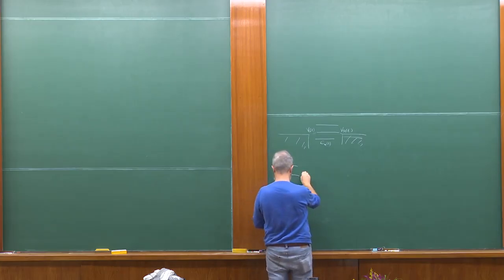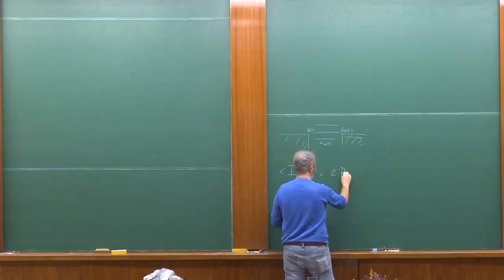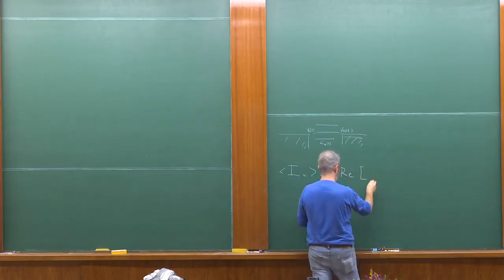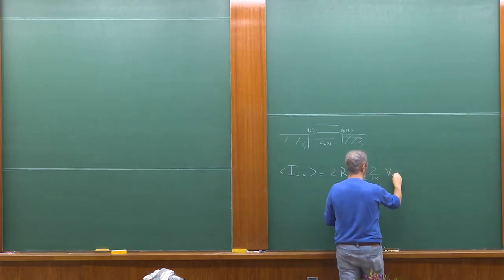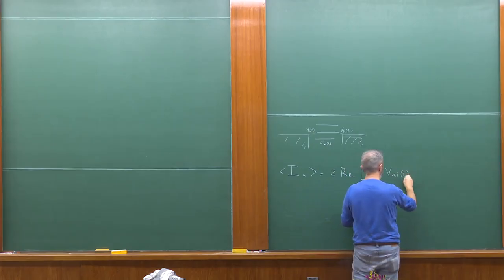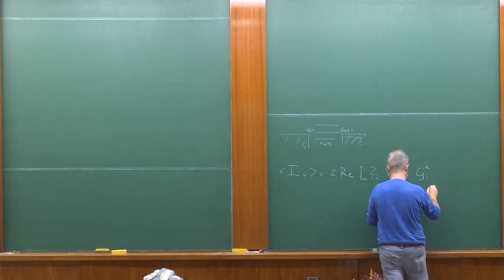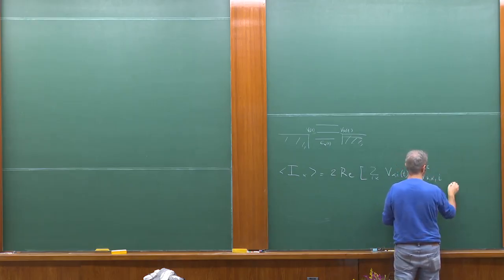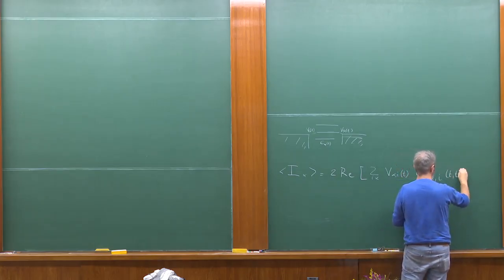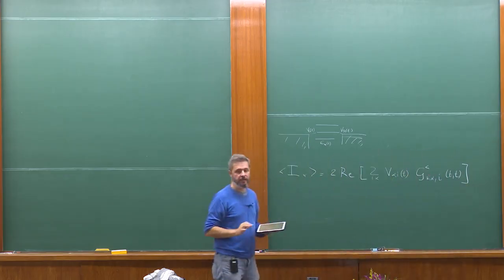So I_alpha is equal to twice the real part of the sum over i and k of v_alpha,i(t), and then I had the G lesser_{k alpha, i}(t,t). So this is my current. Exactly the same formula I had yesterday.